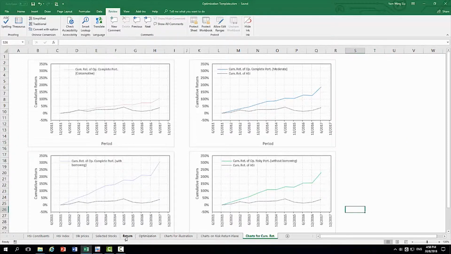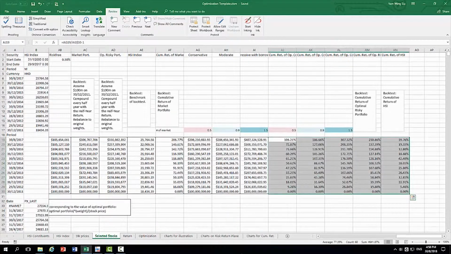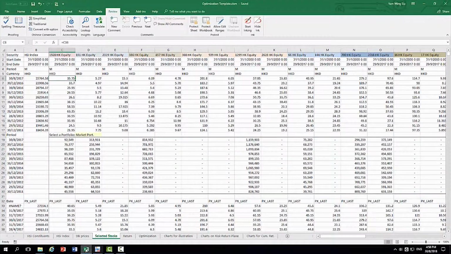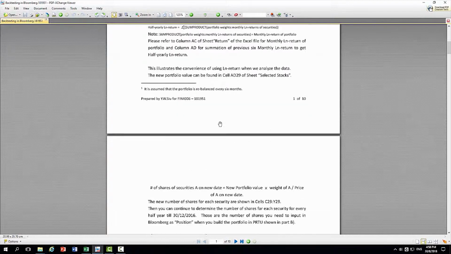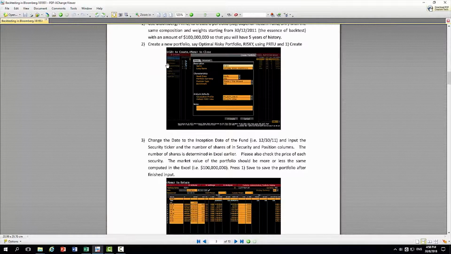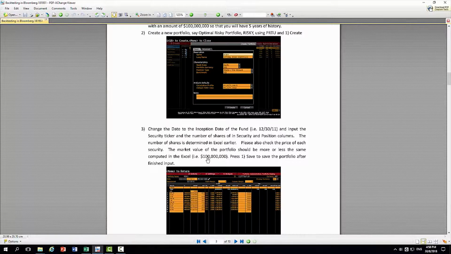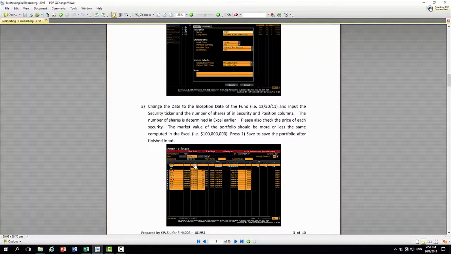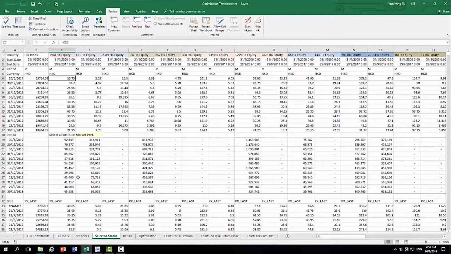Finally, you need to input the data in the Bloomberg for backtesting. Since you rebalance the portfolio every 6 months, it means you have to input the number of shares of your selected stock every 6 months.